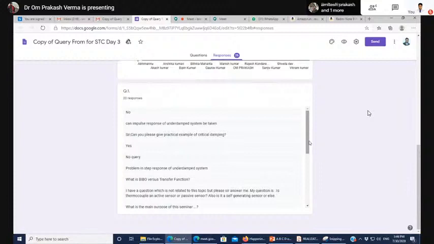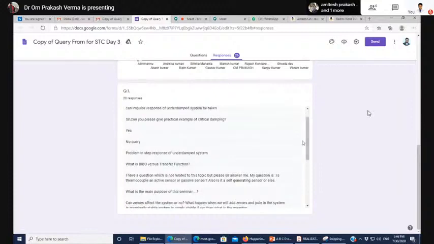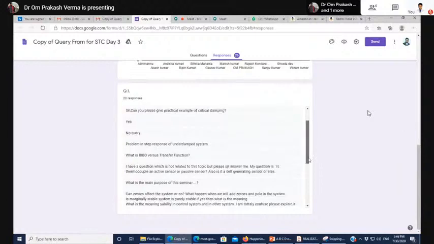You can read about the measurement system in the Kalsi book; it is given in that book. Regarding the problem in the step response of an under damped system: a step input is a testing signal.